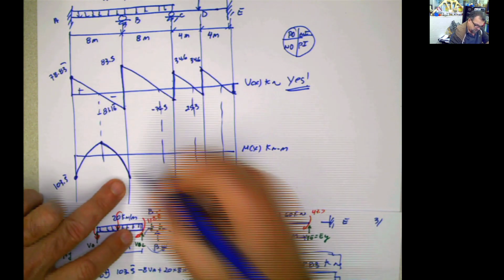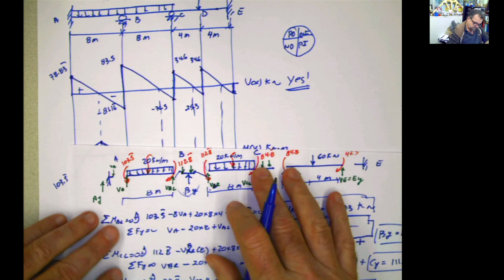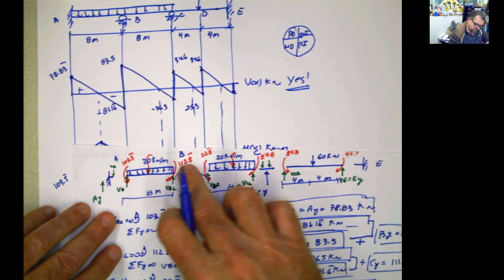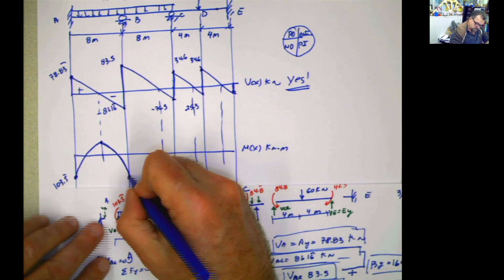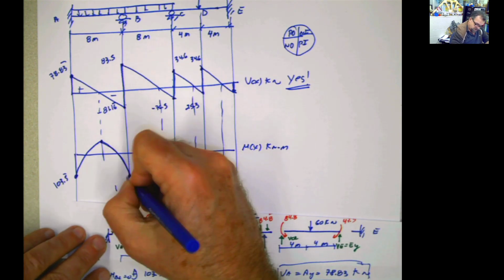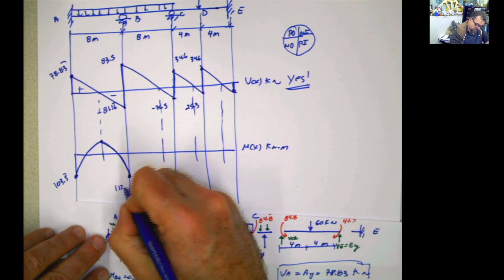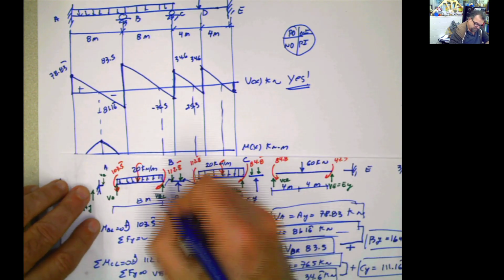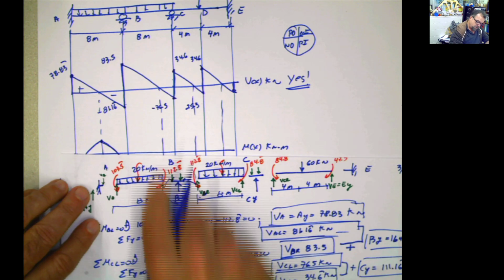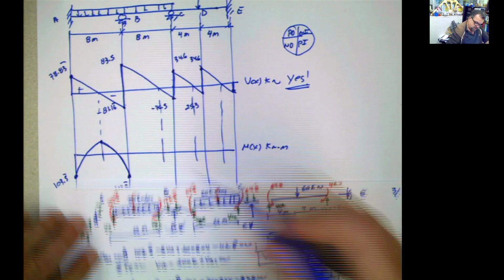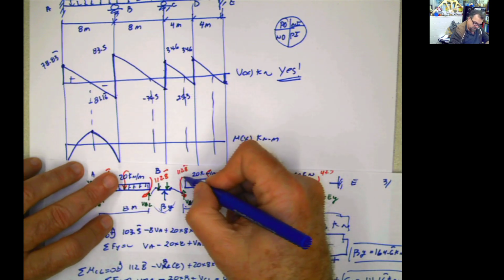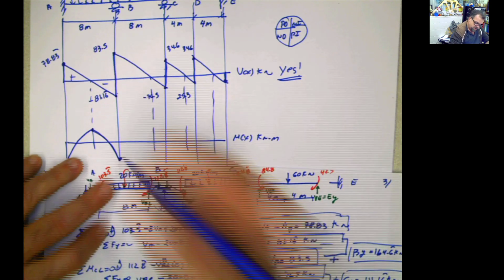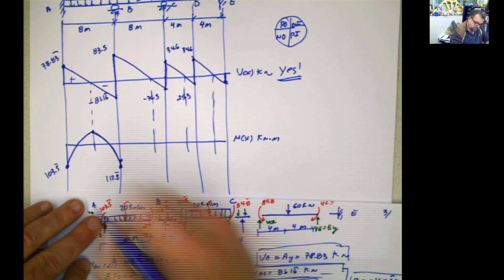What is this value? This value is going to be 112.8 kilonewton meter. Why? Because once I reach this point, which is 112.8, I'm going to find this moment, and this moment is going to push it up towards 0, and then this value is going to bring it back again to the same point here. So 112.8.